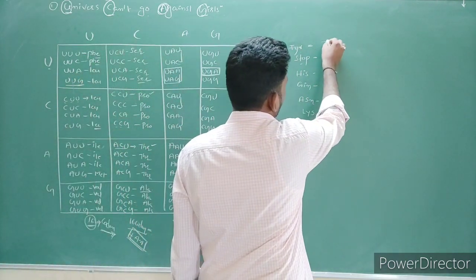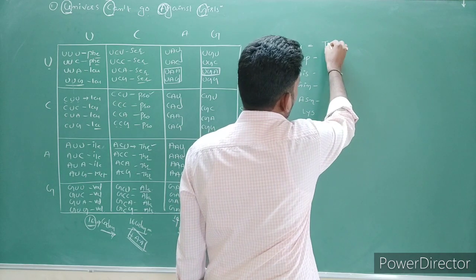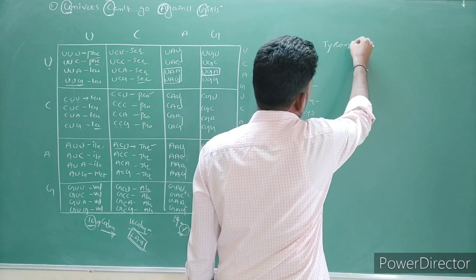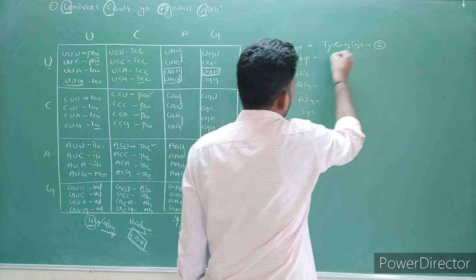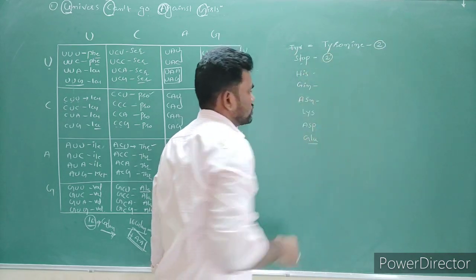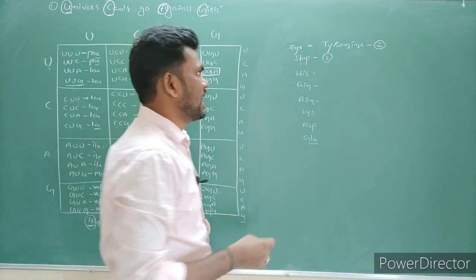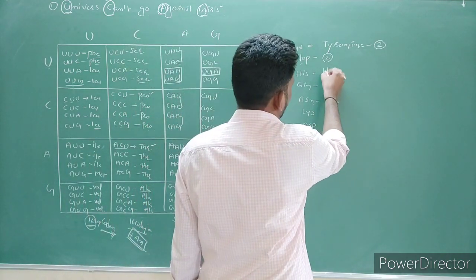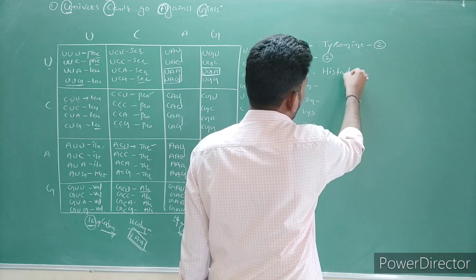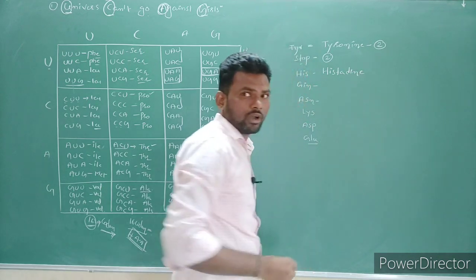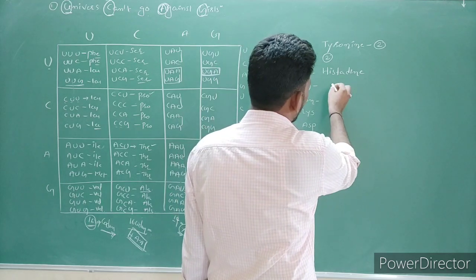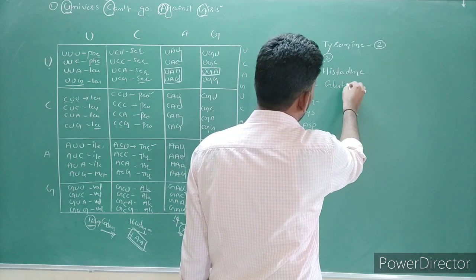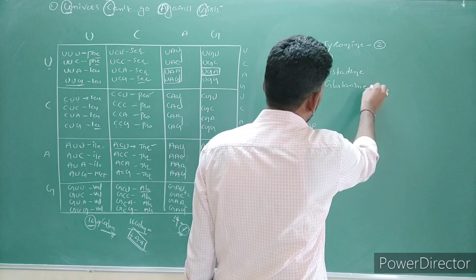TYR, it means tyrosine amino acid. Stop. Every amino acid is coded by 2 codons. HIS means histidine. GIN means glutamine.